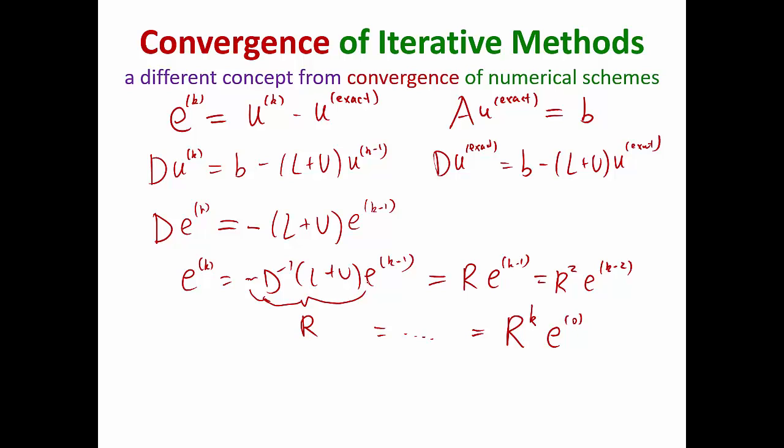The absolute value of the eigenvalues of R should be smaller than 1. That's right. If I compute the eigenvalues of R, all the eigenvalues have to have a magnitude less than 1.